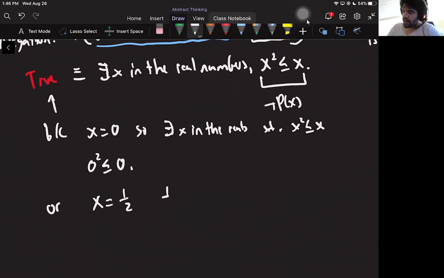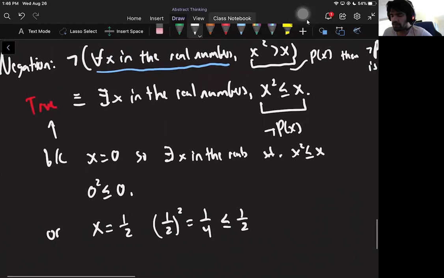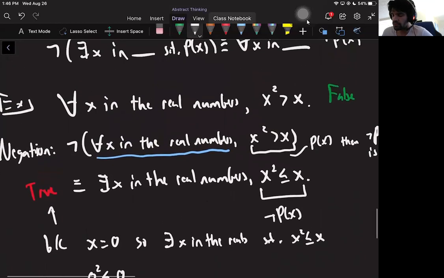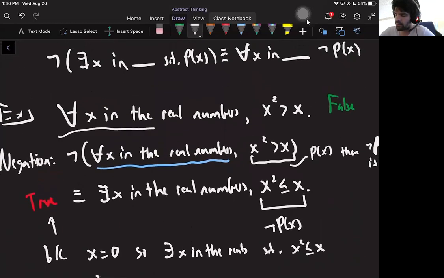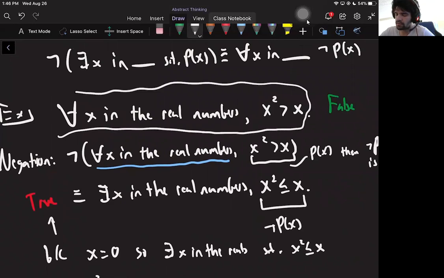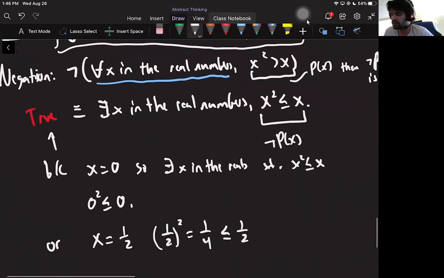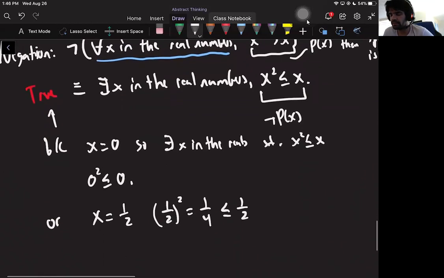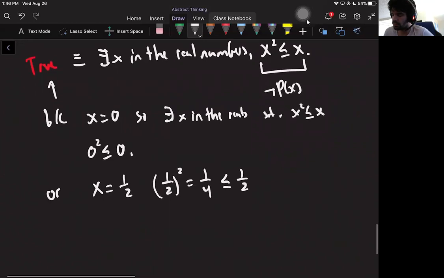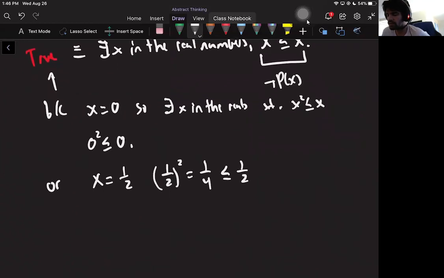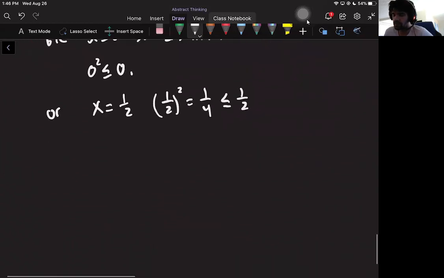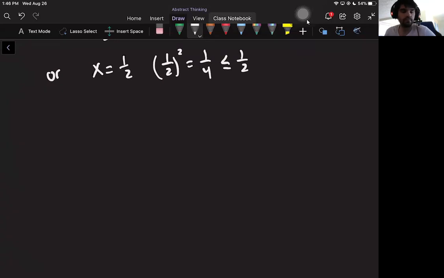So if I square a half, I get a fourth, and that's less than or equal to a half. So it is not true that for every number you use, x squared is bigger than x. It's only true sometimes. So that's why the negation is true instead, that there exists something which makes it not work, which makes x squared less than or equal to x. There's lots of examples. Okay, let's do one more example, and then that'll be it for this video.